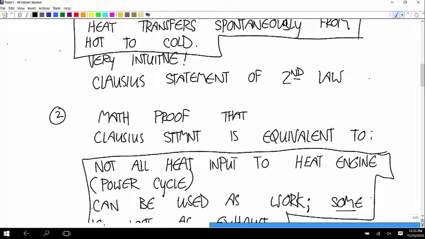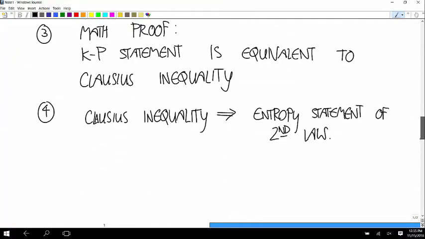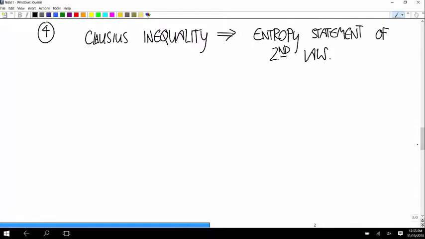So the Clausius inequality is kind of the first thinking about this property of entropy. Okay, so there's not really much to say about step 1. The Clausius statement, the fact that heat goes from hot to cold.